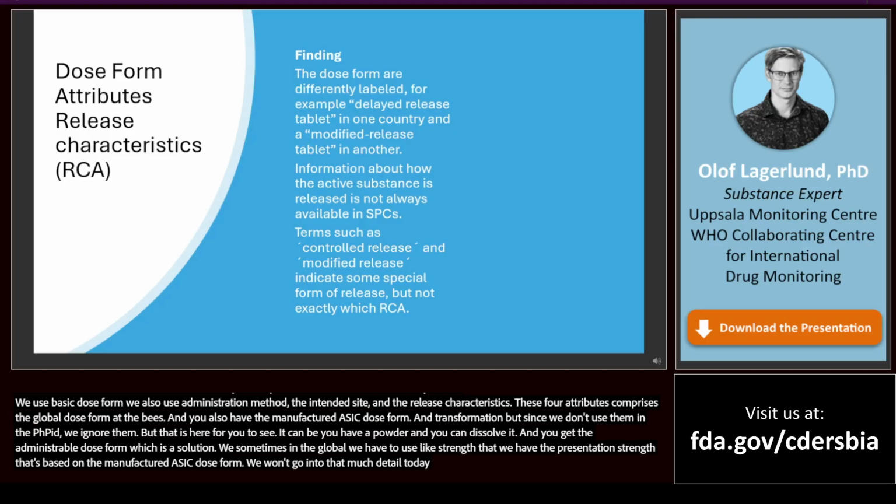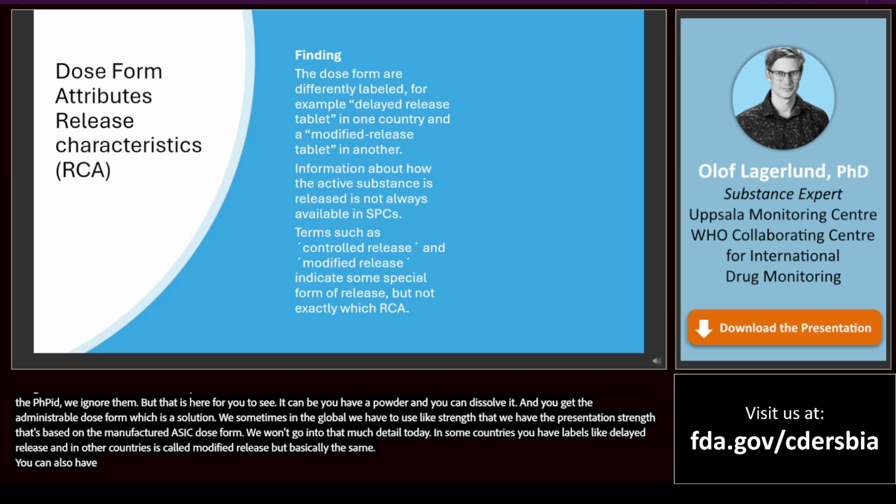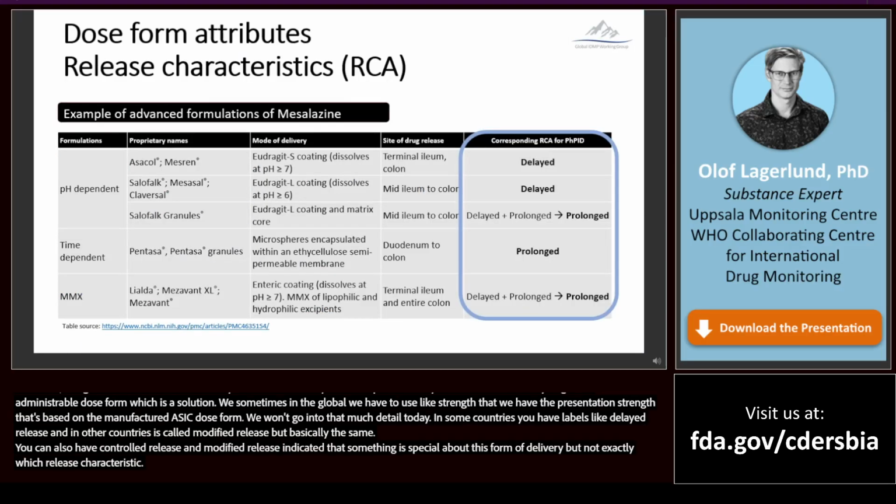One example of where we have worked quite a bit and that's been tricky is the release characteristics. In some countries you have labels like delayed release, and in another country it's called modified release, but it's basically the same thing. And you can also have controlled release or modified release, indicating that something is special about this form of delivery, but not exactly which release characteristic. Here are some examples.